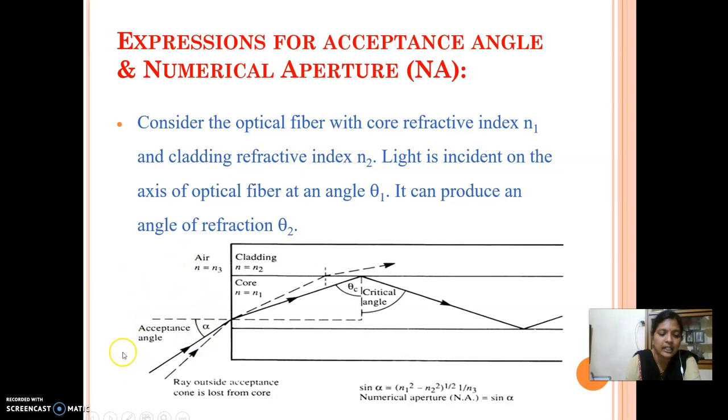Within this acceptance cone only, the light ray will enter the optical fiber and undergo TIR. If the angle is other than this acceptance angle, the light ray enters the optical fiber and comes out through the cladding. So this is the minimum condition: the light ray should enter within this acceptance cone and undergo TIR for light propagation.